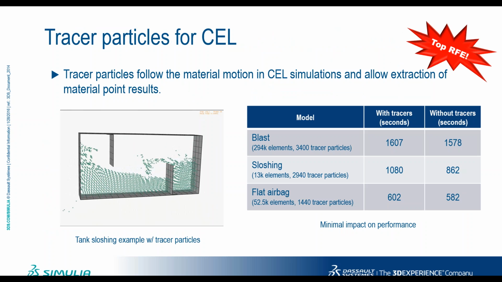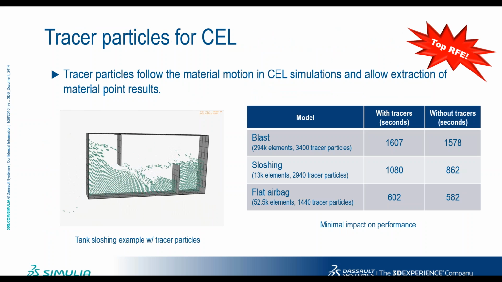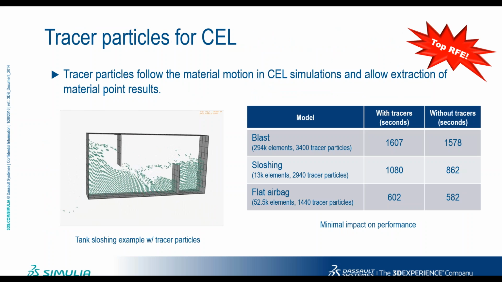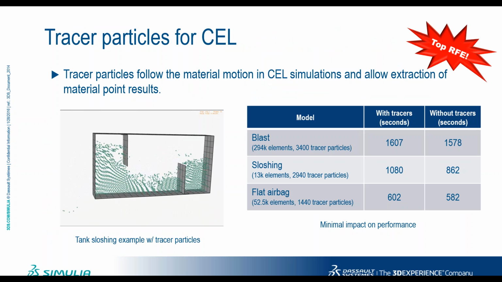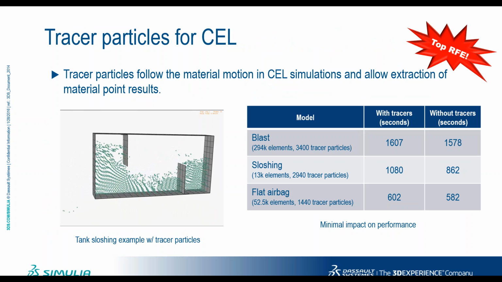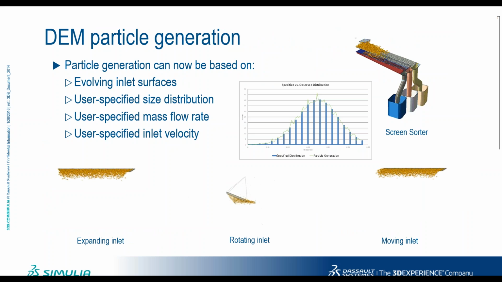Okay. Also, what you can do now is the tracer particles for coupled Eulerian-Lagrangian simulation can follow the material motion. This improves your post-processing, and it has minimal impact on your performance. So CEL capability has just got better in this version.